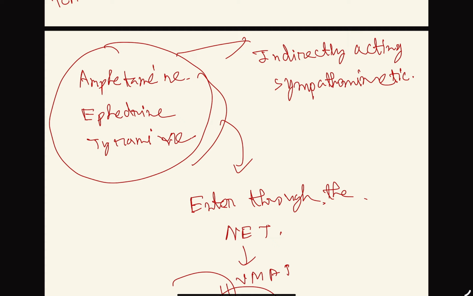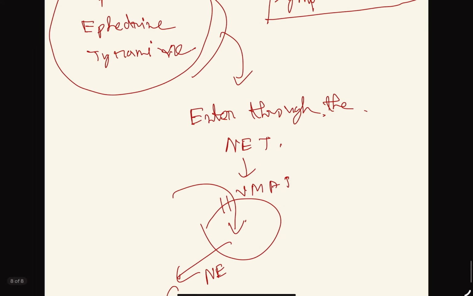Why are they called sympathomimetic drugs? Because they mimic the sympathetic nervous system, how the sympathetic nervous system acts, and produce the sympathetic actions. So these are called indirectly acting sympathomimetic drugs.